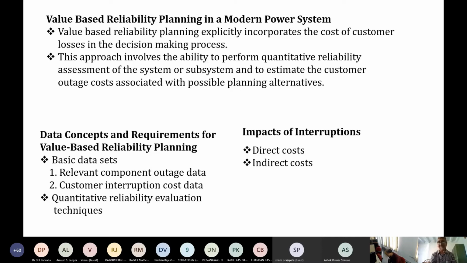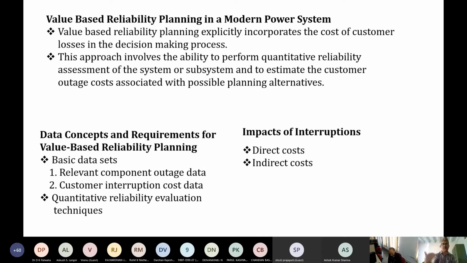They need to know the cost of the customer, so that the investment made into the system results in optimal reliability of the system, because the total cost borne by the customer is nothing but a societal cost, a cost to the society.